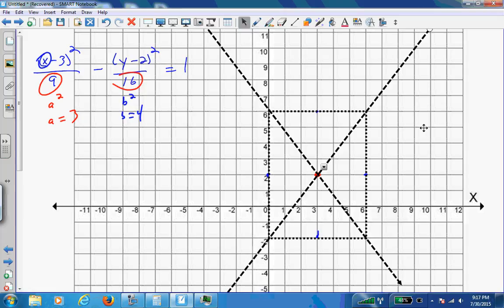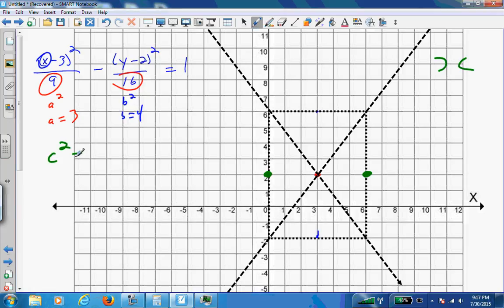Now the question is, well, there are asymptotes. What points do we have? Well, since our x squared comes first, remember we're going to be going this way. So this is one point on our graph. This is another point on our graph.